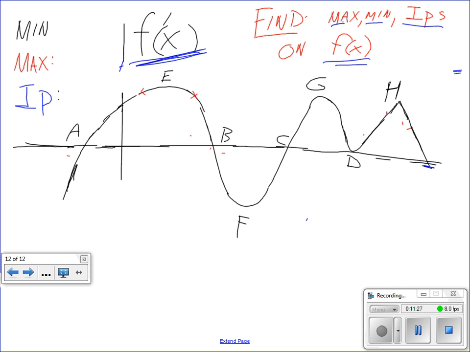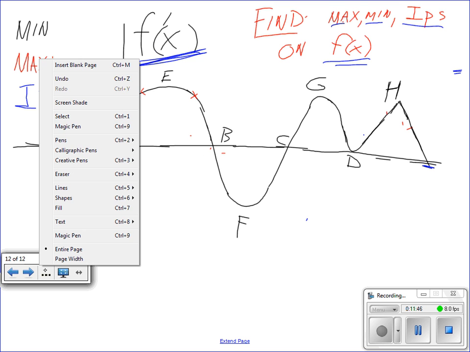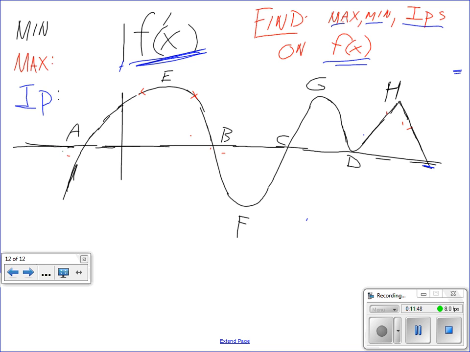Now notice here, I've got x points A, B, C, D, and E, F, G, H. Mins occur when the first derivative goes from negative to positive. So here, this goes negative to positive, so A is a min.